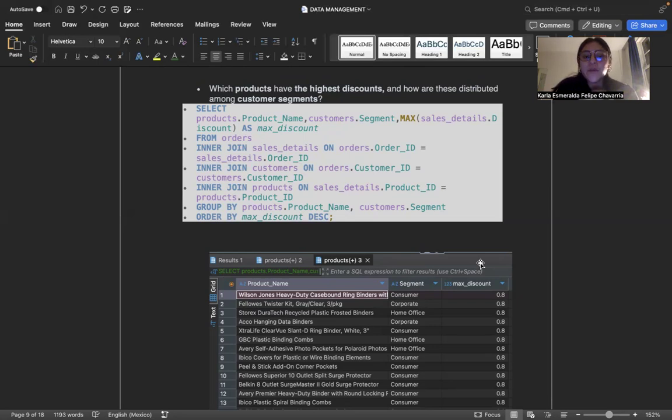So first I went with orders because this table has the information about the order ID, and this was used in order to put together the table of orders and customers. Sales details is the one table that we are using for the maximum discount.